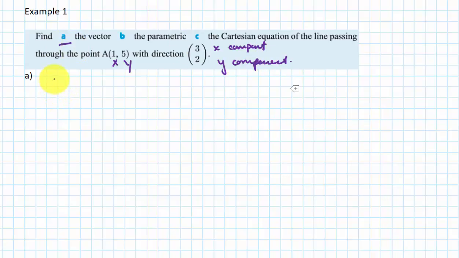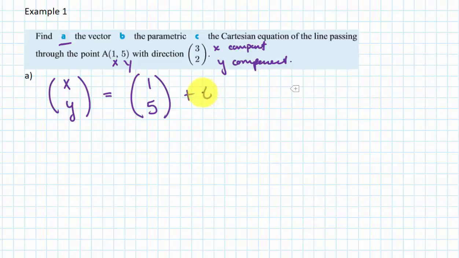So we're going to start by putting x and y, and we put our point, which is 1, 5, plus t, that's our variable, and our direction. We always have to state that t is an element of real numbers. And that is our vector equation.